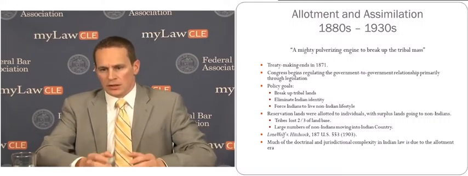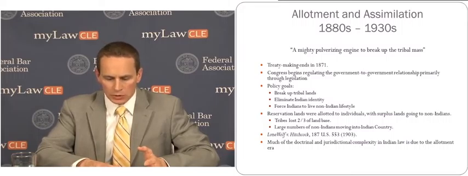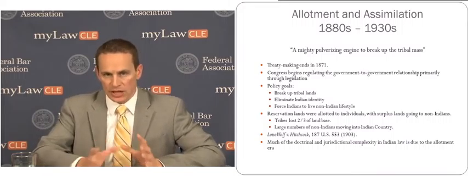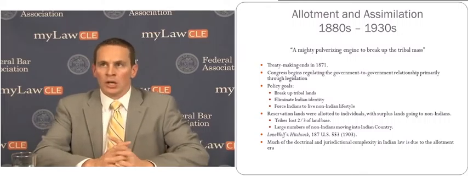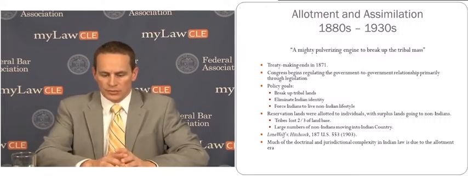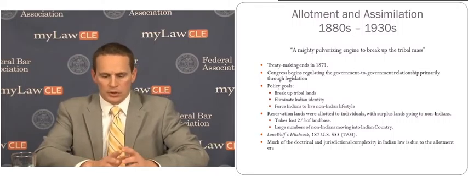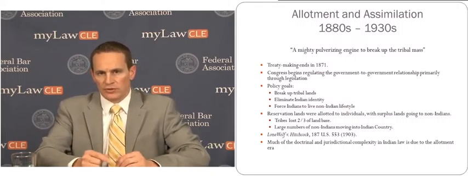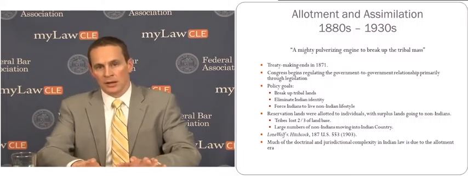And then another important piece was the disestablishment of communal lands and forcing Indians into this agrarian lifestyle, and those are tied together. So this disestablishment of communal lands, destruction of communal lands, was achieved through allotment. So I'll explain that to you a little bit, what that is.